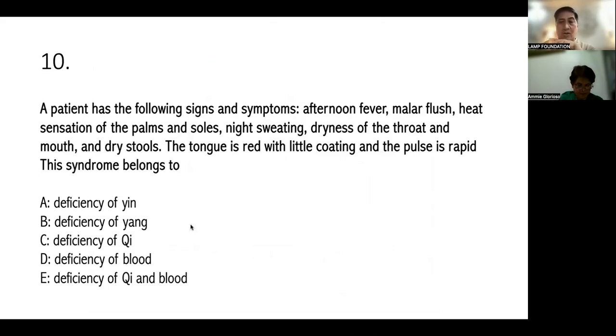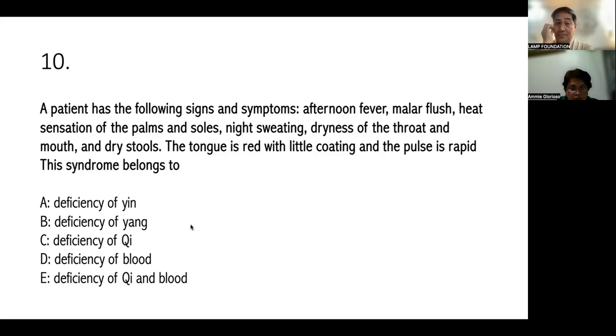Just give us the correct answer after reading the question. This is simple, very easy. A patient has the following signs and symptoms: afternoon fever, heat sensation of the palms and soles, night sweating, dryness of the throat and mouth, and dry stool.